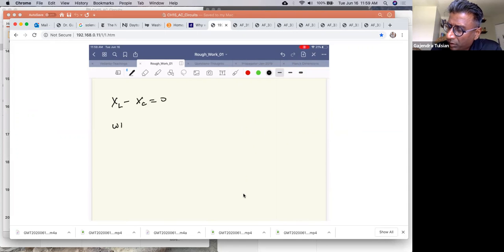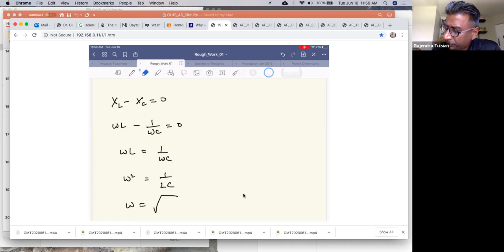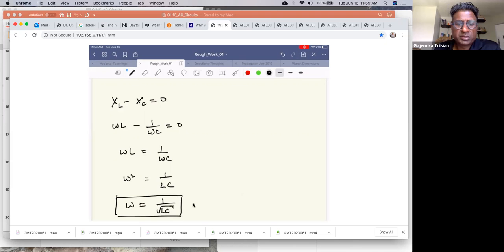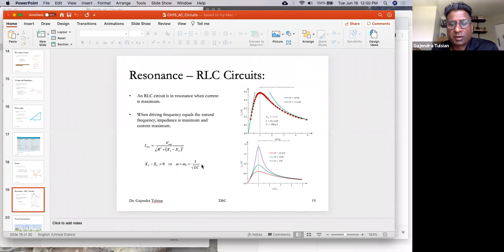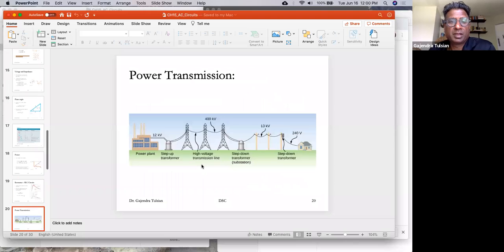XL is omega L. At this frequency, which is called the resonant frequency, you'll deliver maximum power to the RLC circuit, and phi is 0 at that point.